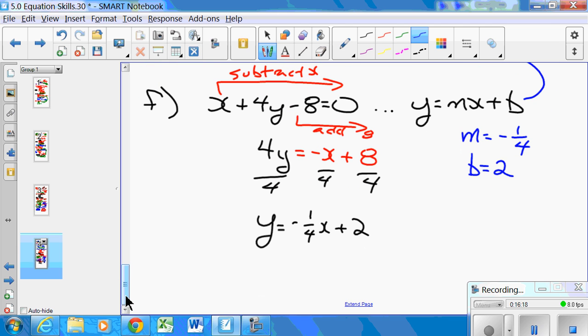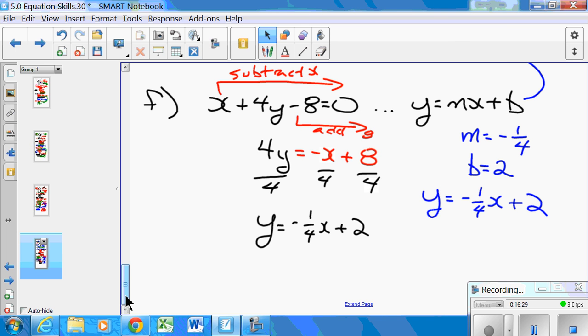And then if we put that information into our equation, we get y equals negative 1/4 x plus 2. So whether you do it because you know the slope and you know the y-intercept and write an equation, or whether you do it with all the algebra, because it's the same line, the answer has to be the same.